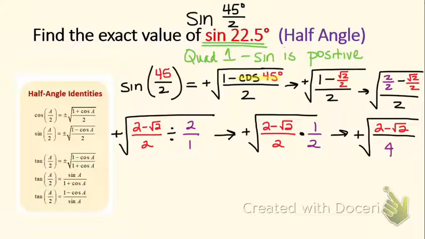So whenever you take the square root of a fraction, you separate it. We square root the numerator and we square root the denominator. So it becomes the square root of my numerator all over the square root of my denominator.